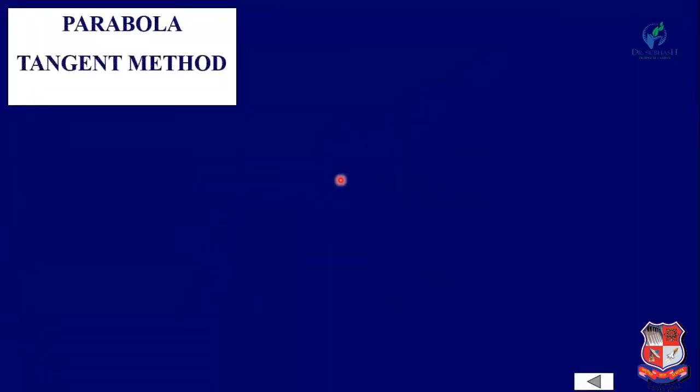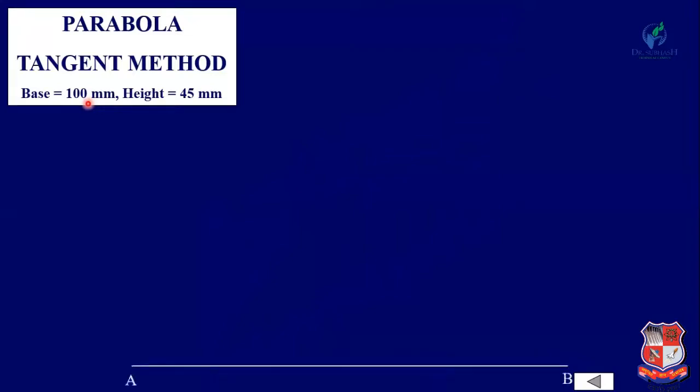Then the next method is parabola by the tangent method. Here in this method the base is 100 mm and the height is 45 mm. Now draw the parabola using the tangent method. First of all draw a line AB equal to 100 mm, which is the base of the parabola. You have to remember that in this method our height is equal to 45 mm.